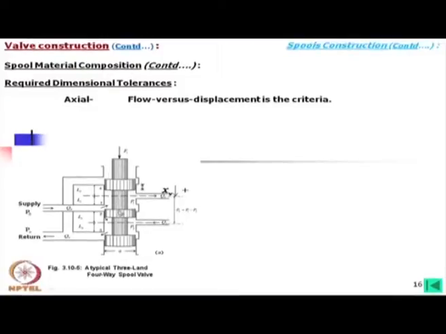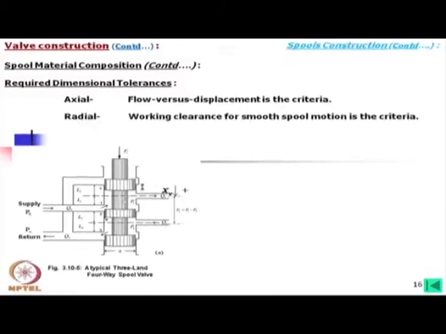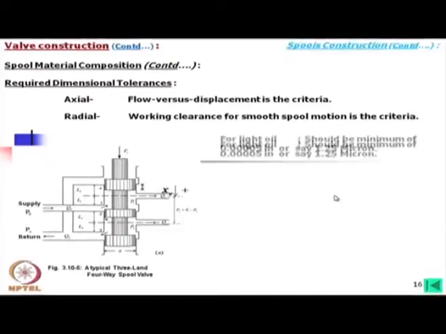So, flow versus displacement is the criterion for selecting the axial tolerances. And there is of course the radial tolerances, that means the working clearance for smooth spool motion is the criterion to decide the radial clearance.